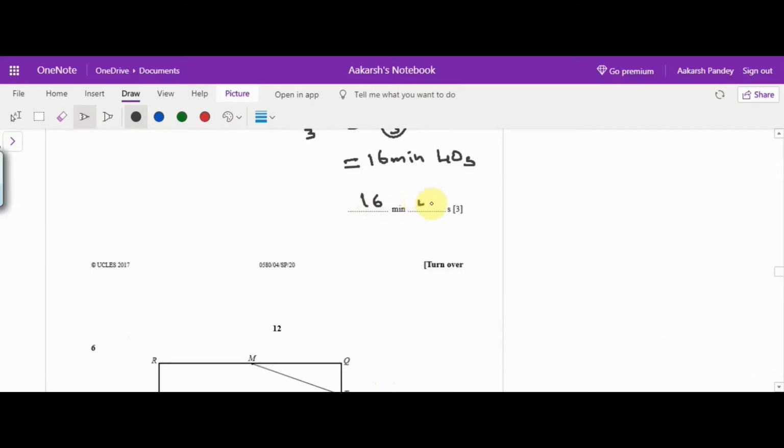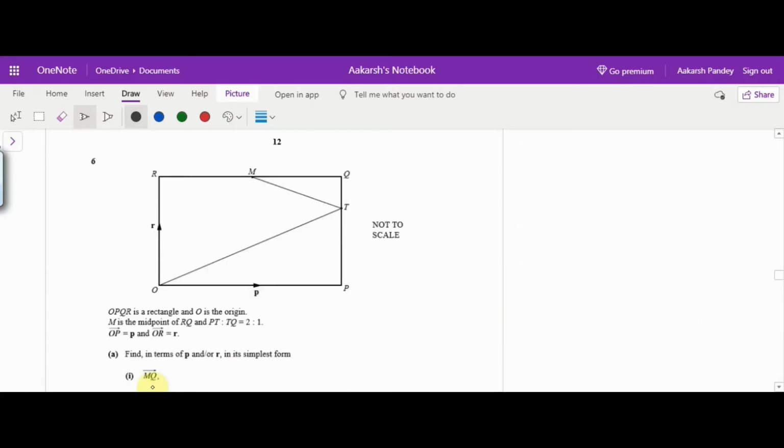We have to find MQ in terms of P or R. So OP, this is P and this is R. MQ, because this is the midpoint and PT to TQ is divided into 2 is to 1.